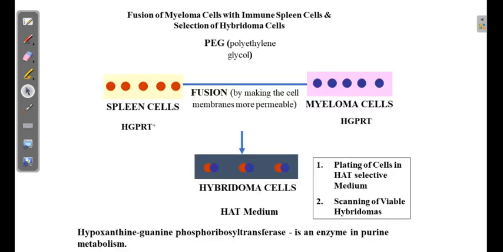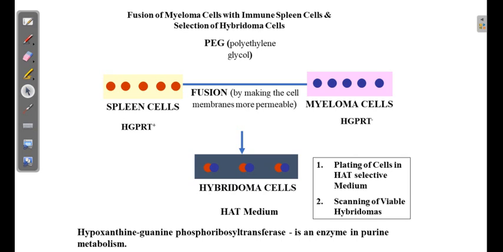So basically, if we see the basic mechanism, what is a hybridoma cell? Basically, it's a fusion cell which is formed by combining the spleen cell, also known as a B cell, with a myeloma cell. The spleen cells, or B cells, are responsible for producing antibodies, and myeloma cells have the ability to divide rapidly.